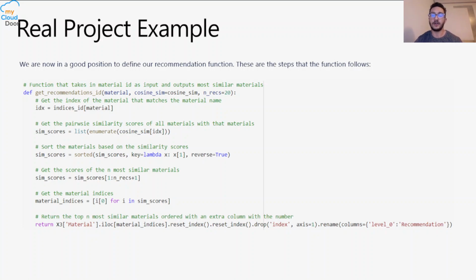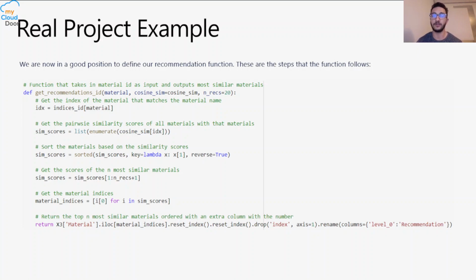The steps are: get the index of the book given its title, so we will specify the index of the book we want to get the recommendations for, and then get the list of cosine similarity scores for that particular book with all books, converted to a list of tuples where the first element is its position and the second element is the similarity score.